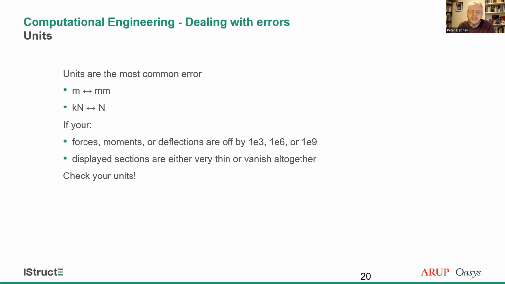Likewise, displayed sections could be very, very thin. You expect them to be in meters, but you've actually got millimeters, so they're very, very small. Or one I've had: the dimensions of the section went in as meters rather than millimeters, and I couldn't see the sections because I was actually inside them all. And software often only shades from the outside.